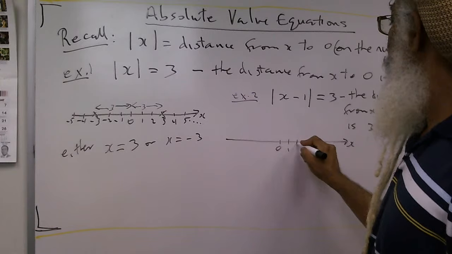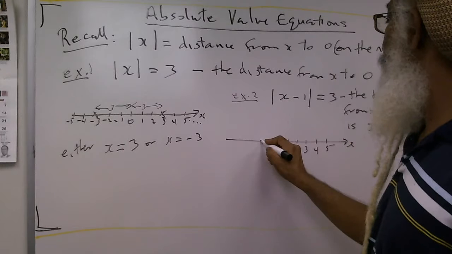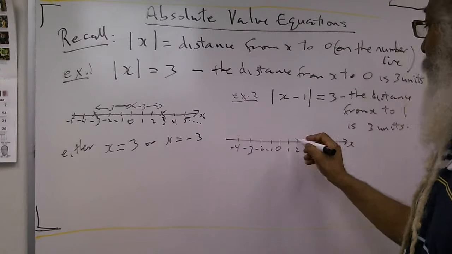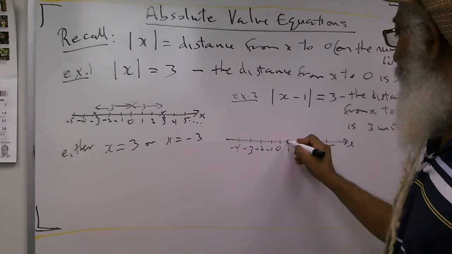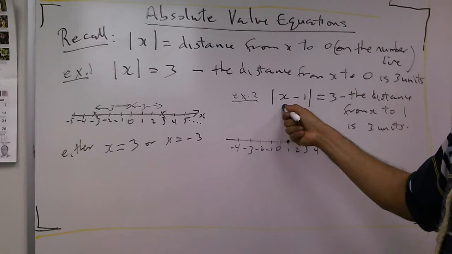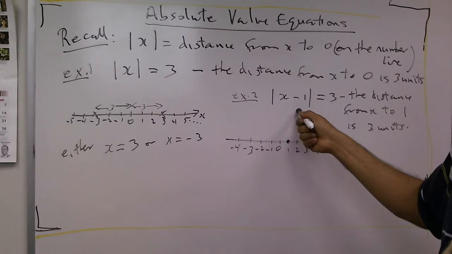1, 2, 3, 4, 5, -1, -2, -3, -4. That should be. Now here's the point 1. So what we want are points which are situated 3 units away from 1.